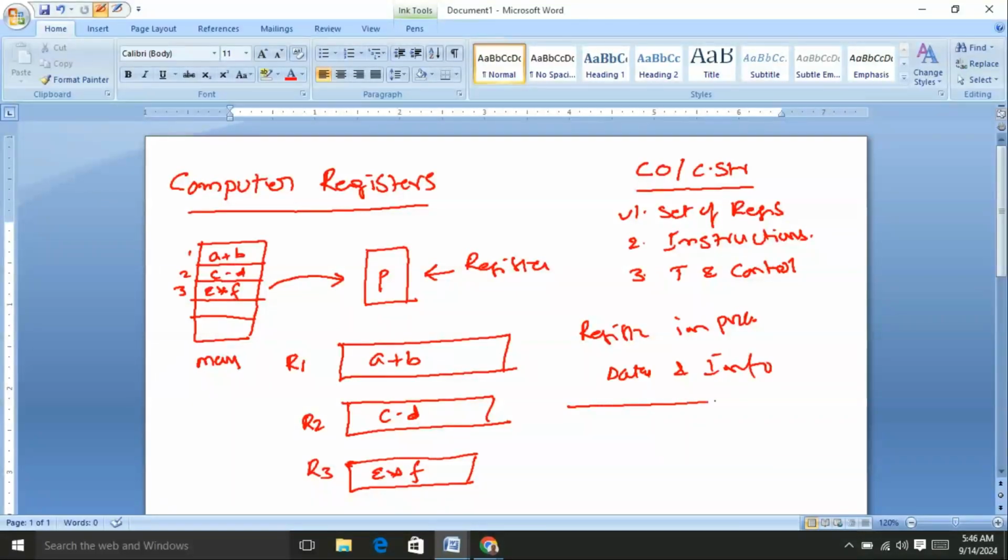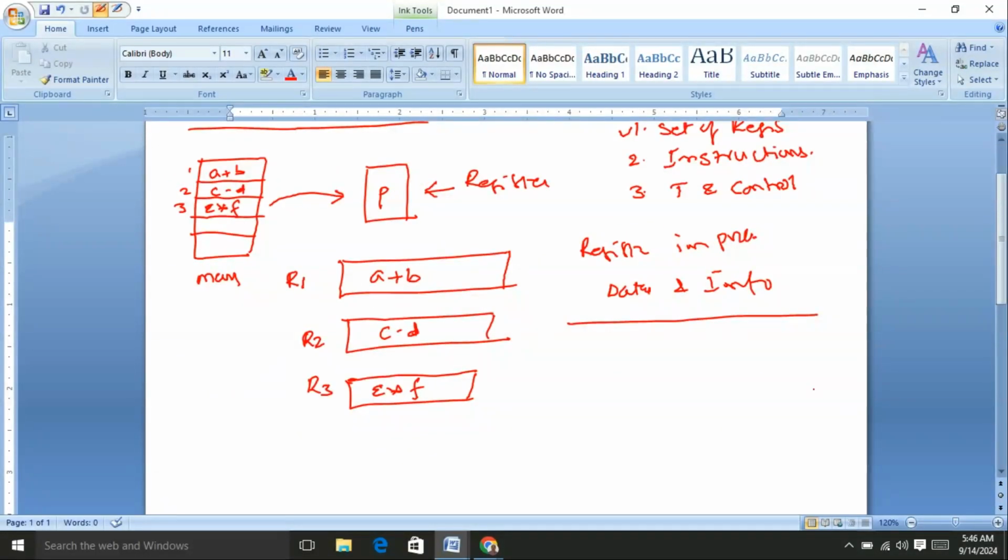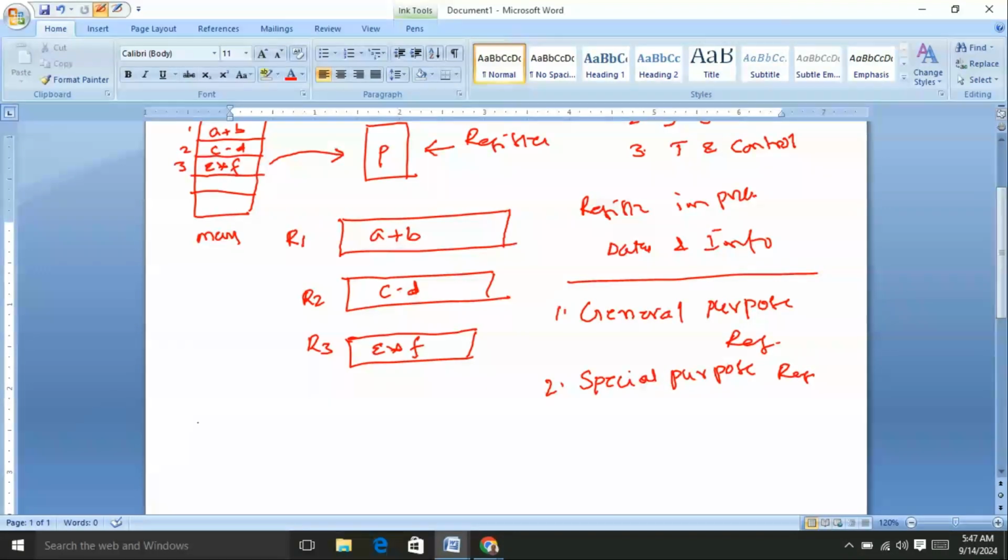These registers are divided into two types. One is the general purpose registers, the second one is the special purpose registers. The general purpose registers, I will simply call them GPR.